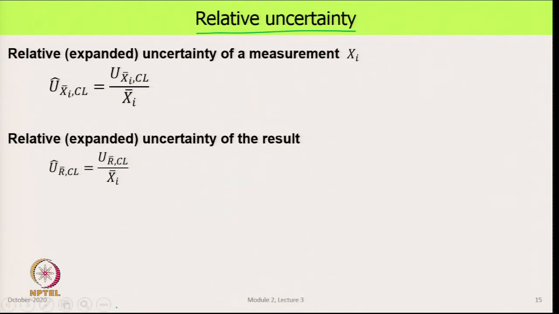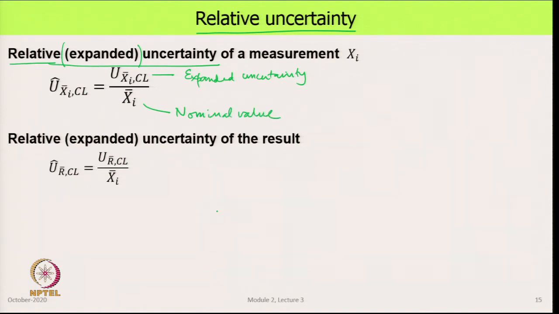The relative expanded uncertainty of a measurement, or just the relative uncertainty, is the expanded uncertainty divided by the mean or the nominal value of the parameter. And usually this is multiplied by 100 and expressed as a percentage.